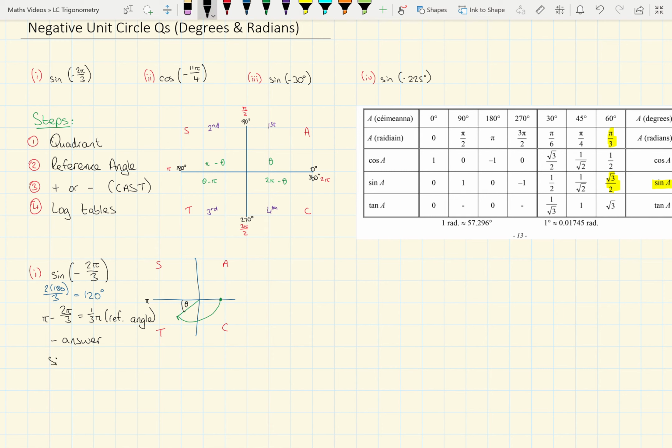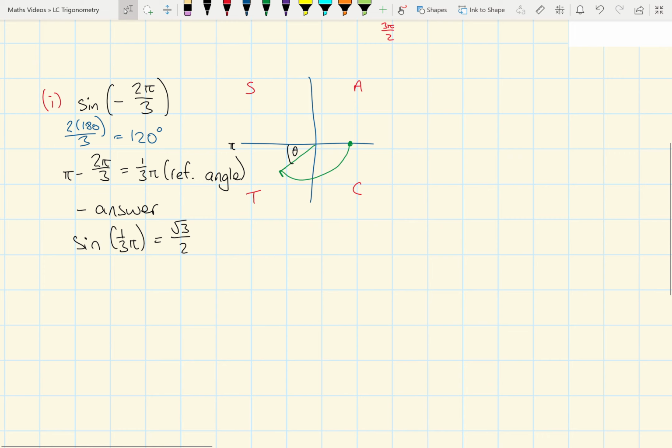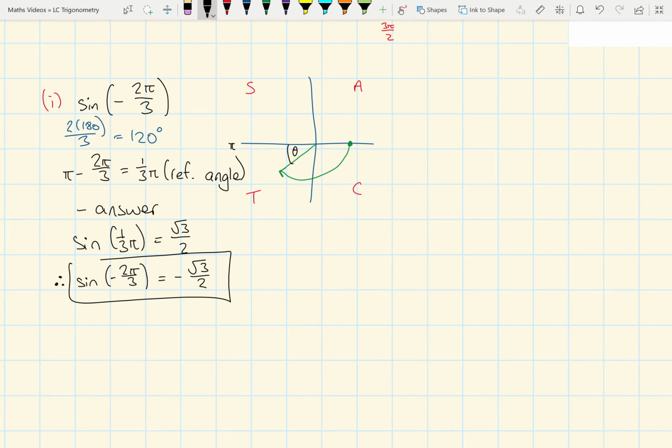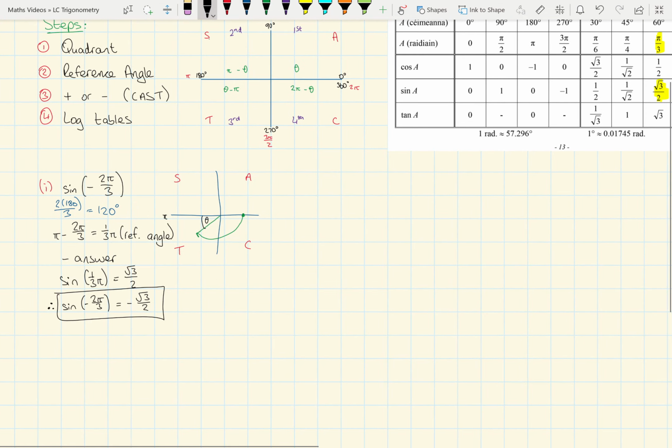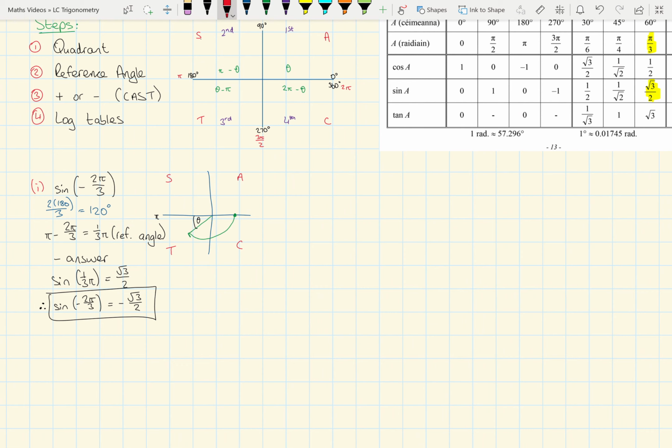So we get sine of 1 over 3 pi is equal to root 3 over 2, and now we return to our original angle. So sine of minus 2 pi over 3 is going to be equal to minus root 3 over 2, and that's part 1.